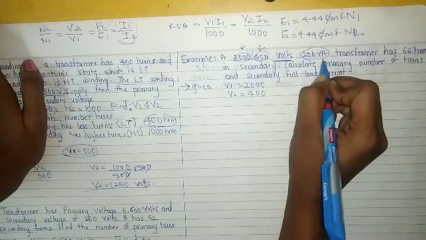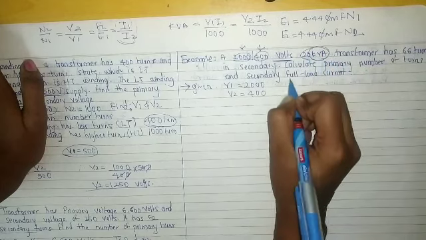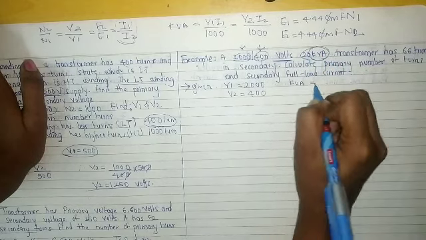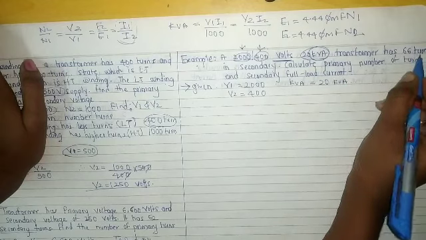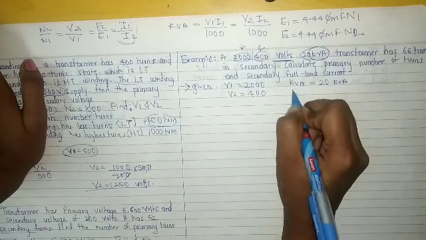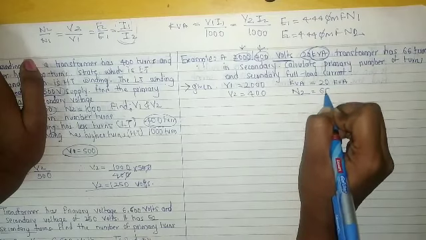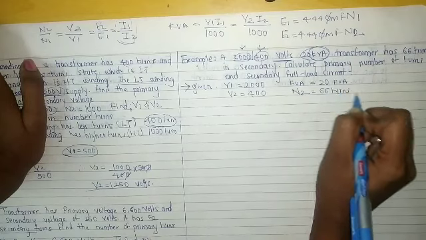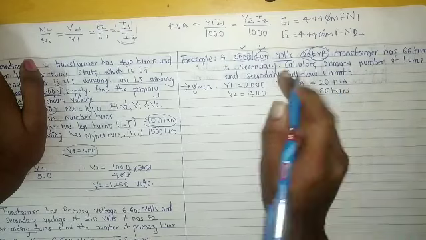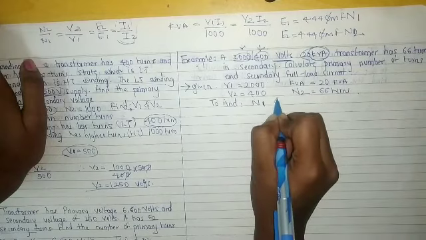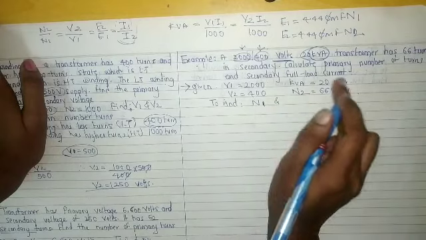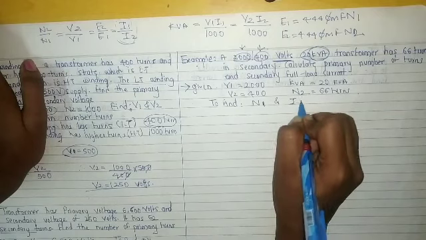The unit itself says kVA. Transformer has 600 turns in secondary. They have said secondary, 66 turns. Calculate, that means to find, what we have to find? Primary number of turns, we have to find N1, and secondary full load current, that means I2, right?